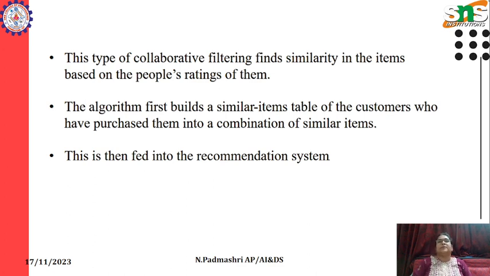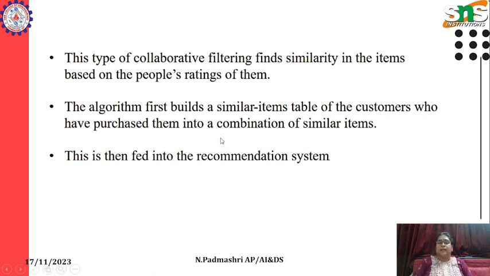So many people must have already purchased it, and we all know that they must be giving their own suggestions or comments or feedback about the product. So they must be having the same thought about the particular product, like how we think about the product. So that is one thing we can take it for collaborative filtering.